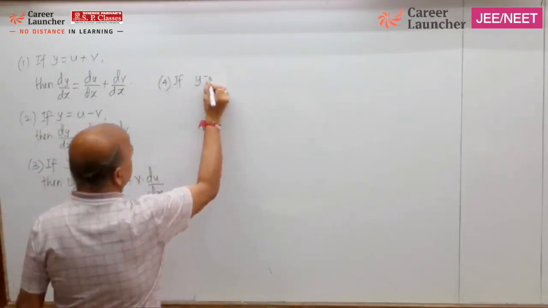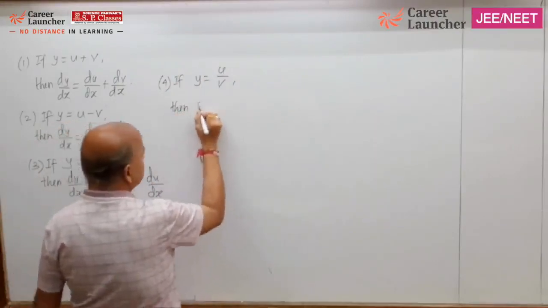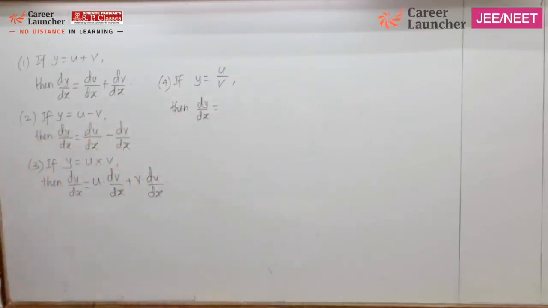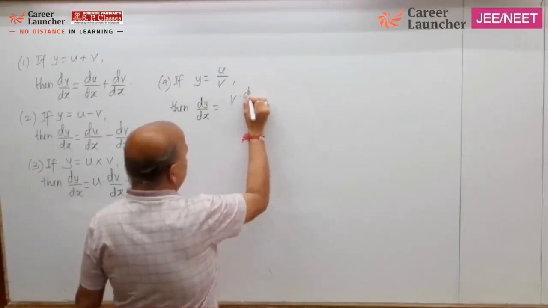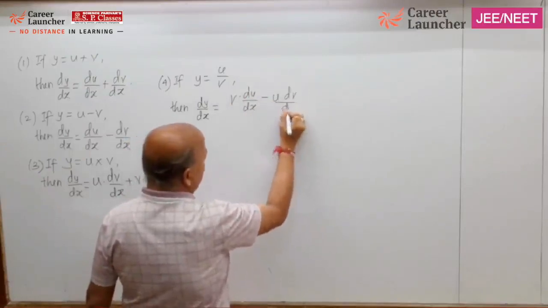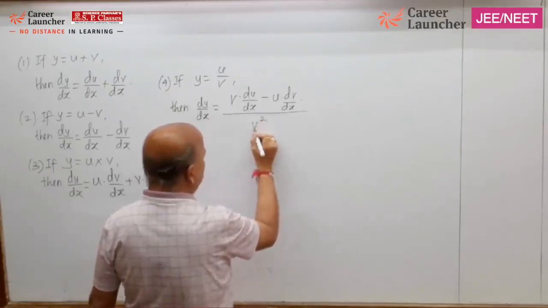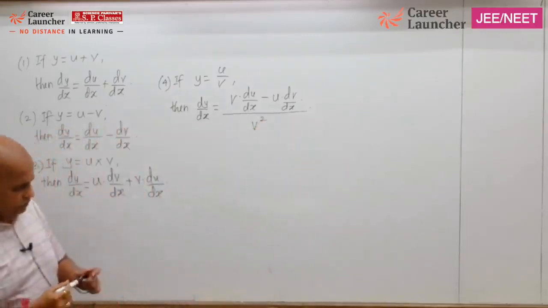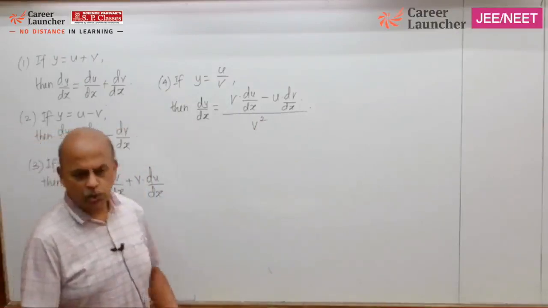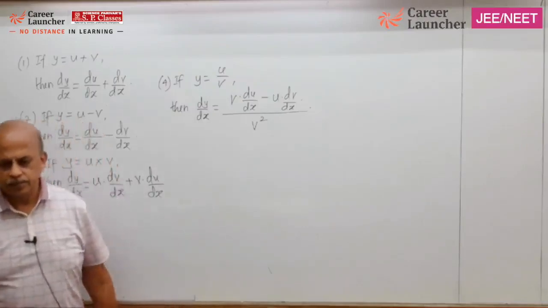If y is equal to u upon v, then dy by dx is equal to v into du by dx minus u into dv by dx, the whole thing upon v square. Getting it, everyone?